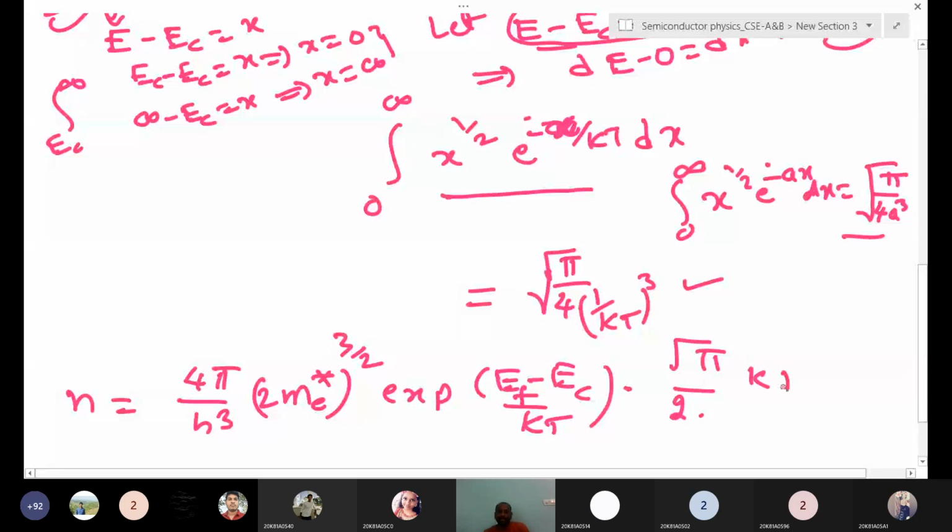Can we write like this? KT in the denominator I bring out, 1 by KT means it will come to the numerator, right? Yes, correct, sir. Now this 2 and here 1 2 will cancel out.